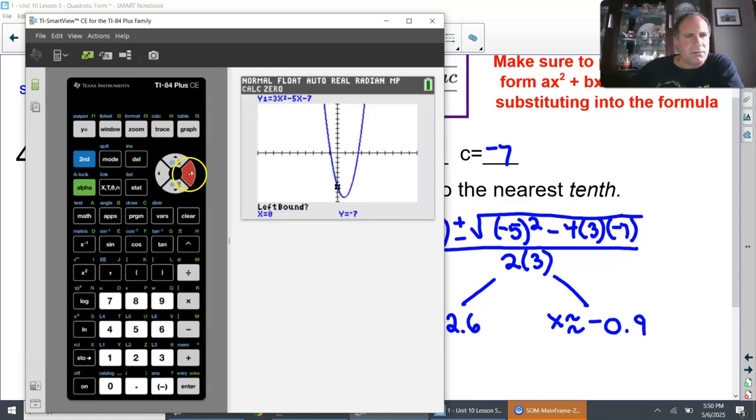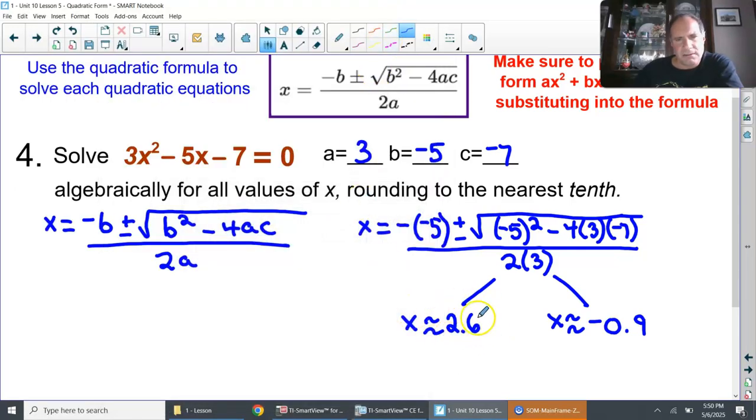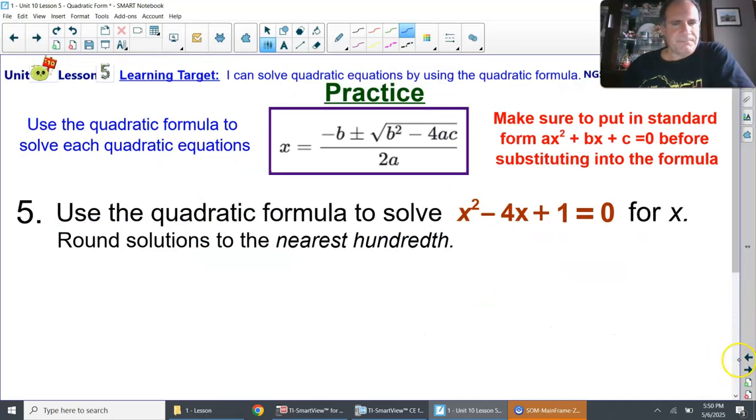You go all the way over to the right side of the parabola. I just went too far. And below the x-axis, right? So you're going to press enter. And then above the x-axis, you're going to press enter one more time. And you're going to see 2.57, rounded to the nearest tenth. That is 2.6. So everything that we did is correct. All right.